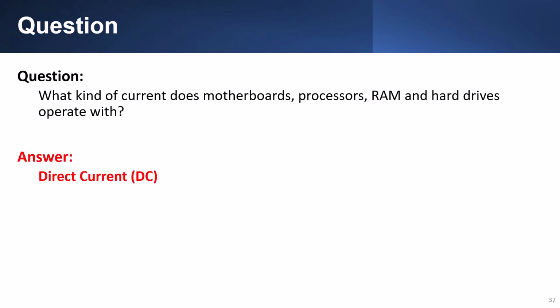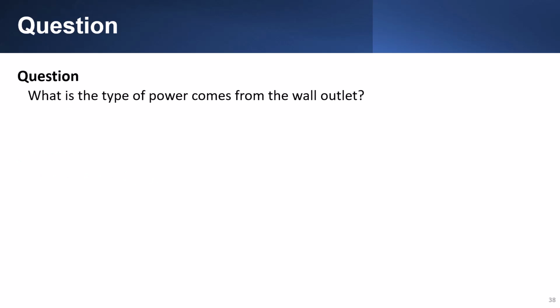Answer: direct current. Question: what type of power comes from the wall outlet? Answer: AC power.